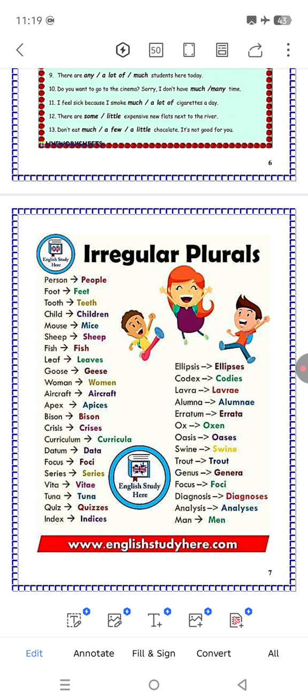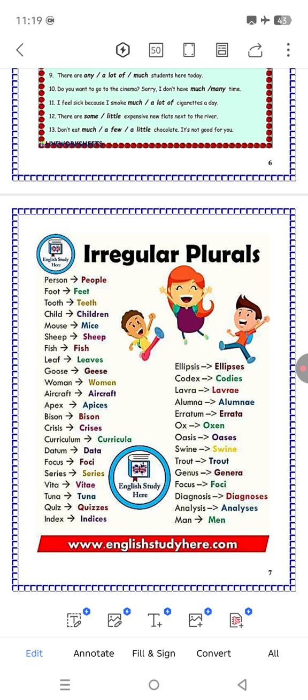Also, we have the words sheep and fish. Usually, when we have words about animals in the irregular form, they keep the same form. For example, here we say sheep for sheep. We don't say sheeps. For fish, you can say fish also for the plural form. The only way, if you want to add s to fish, is when you refer to the plural of the species of fish.